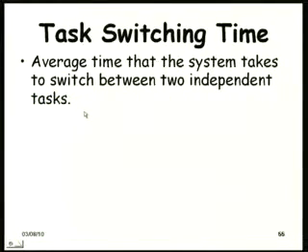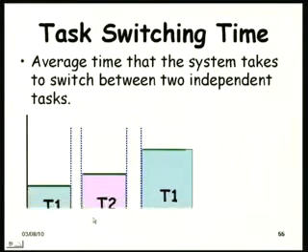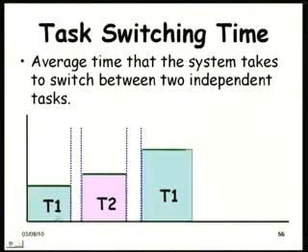The task switching time is the time the system takes to switch between 2 independent tasks. So let us say T1, T2. Now let us say for some reason T1 blocks and we need to start T2.